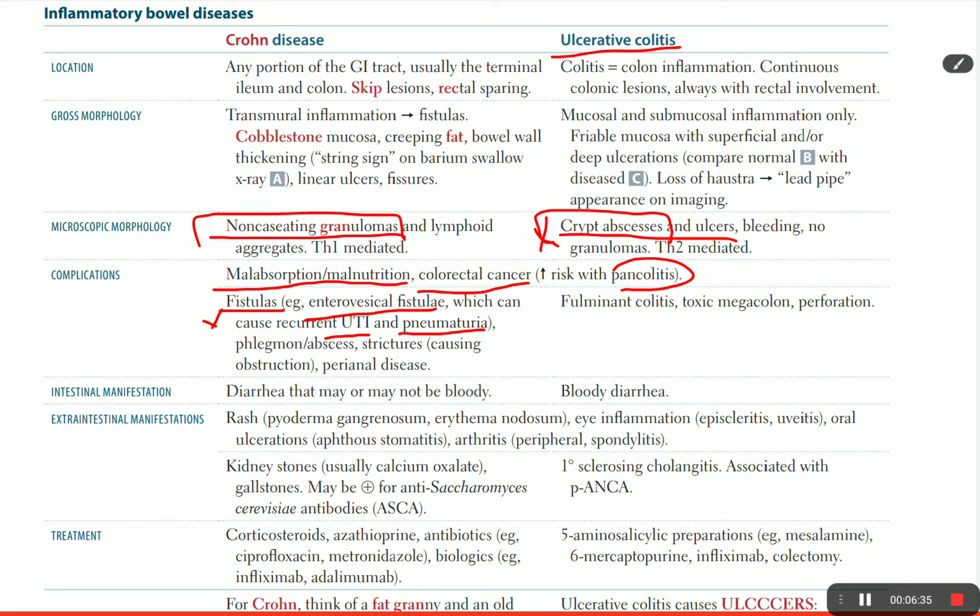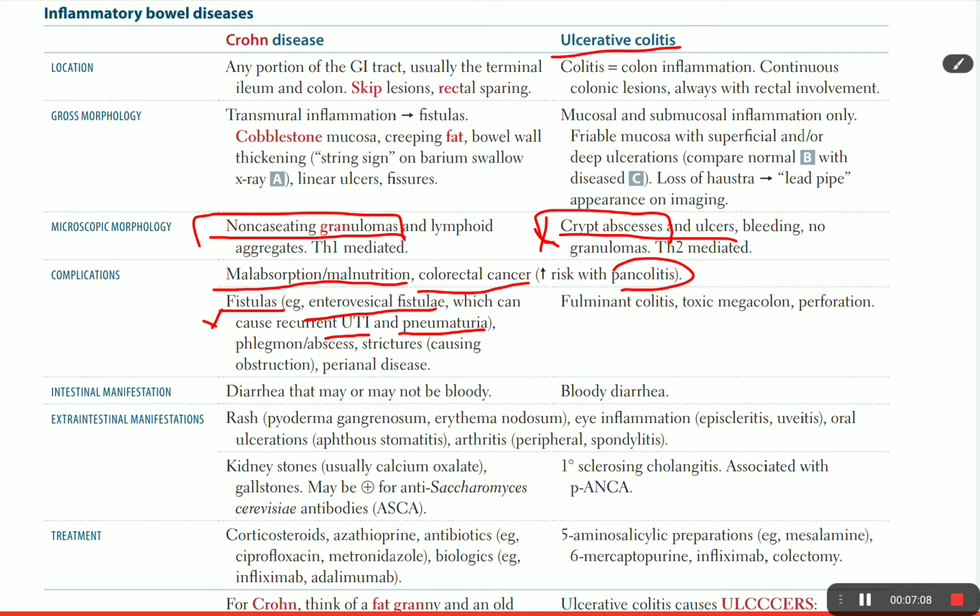Also, we have bloody diarrhea in ulcerative colitis, which is not bloody in Crohn's disease. And we have extra-intestinal manifestations of those diseases. The rash, eye inflammation, oral ulceration and arthritis are usually in both Crohn's and ulcerative colitis.